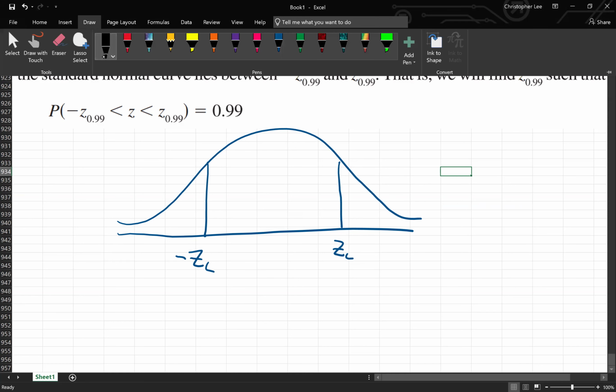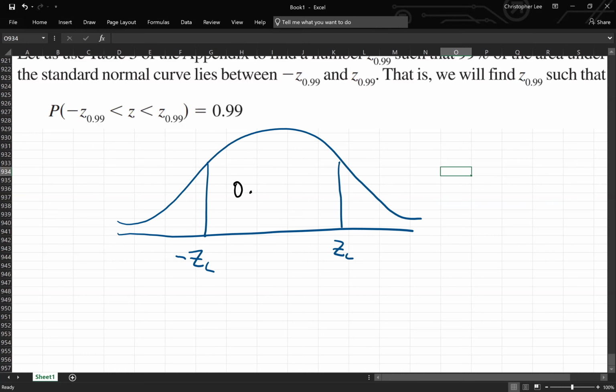In this particular question, this would be my area under the curve, 0.99. So I want to know what Z value corresponds to 0.99 in the middle, in between these two values.